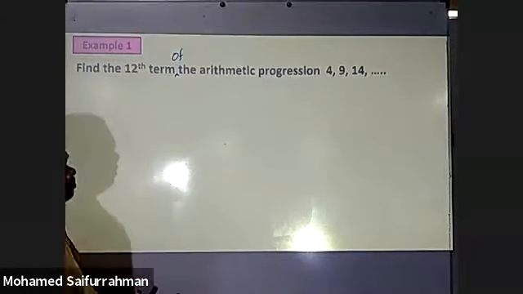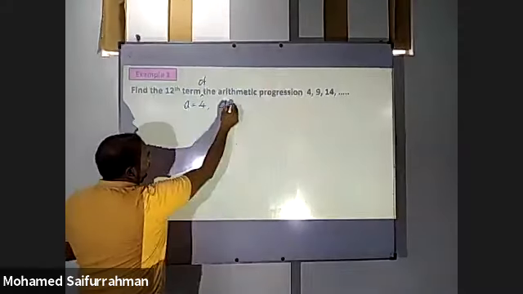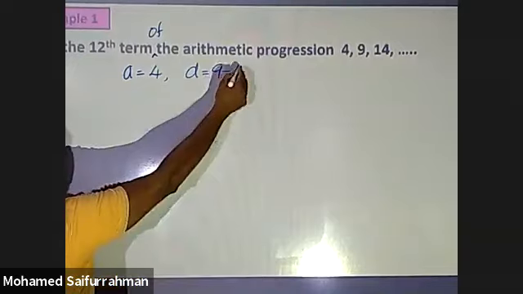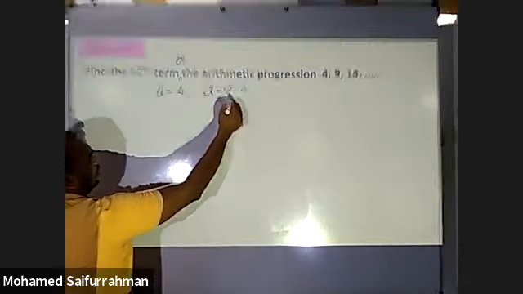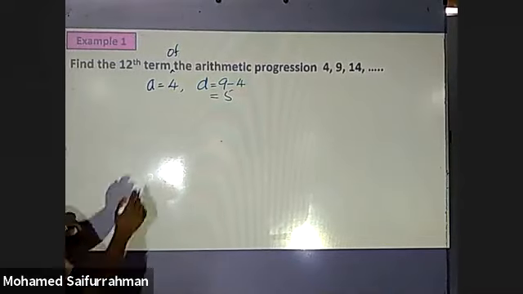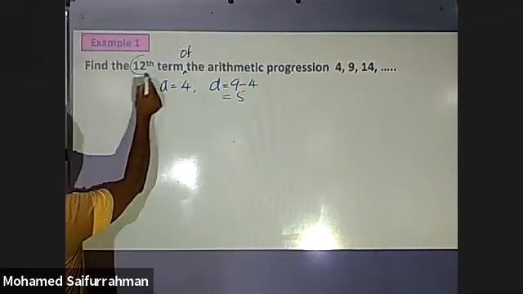Find the 12th term. You know the equation. Here A equals 4, D equals 9 minus 4, which is 5. A equals 4, D equals 5.